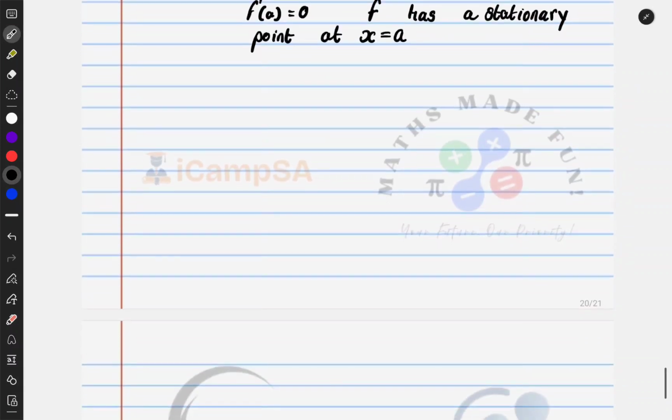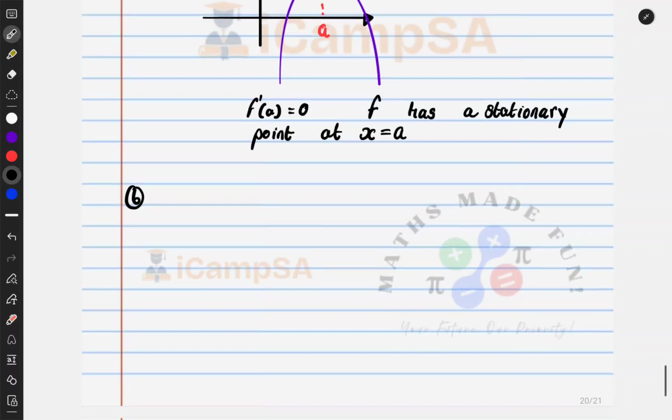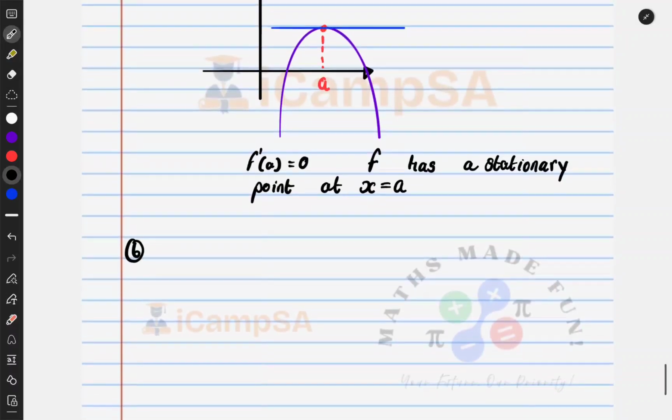Let's say for number 6, if we have the following, especially when we're dealing with the parabola, the function is increasing before the stationary point and then decreases. As you can see with this function that we have here, it's increasing on this side and then we reach a stationary point and start decreasing.